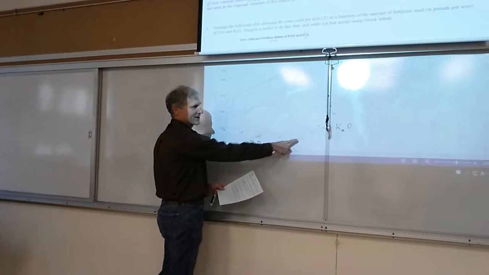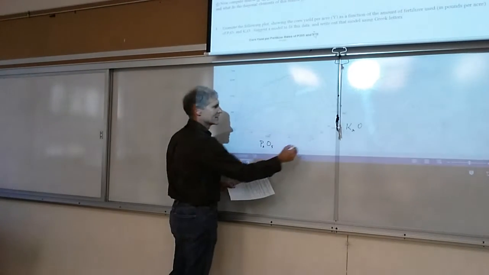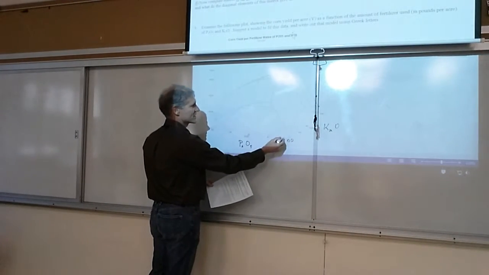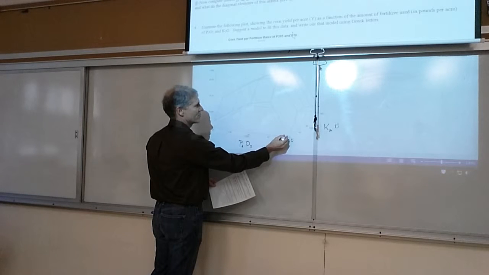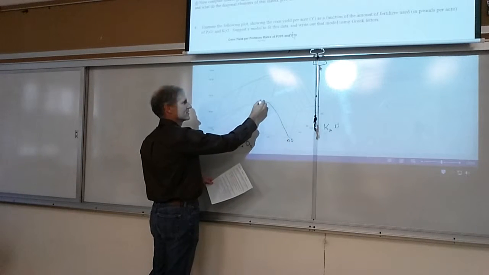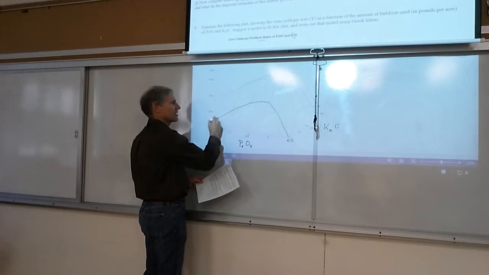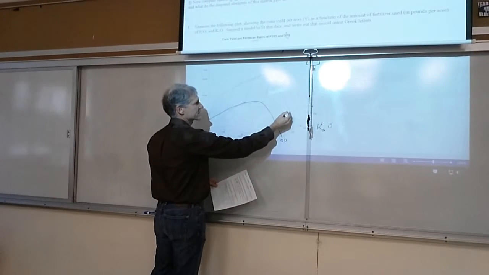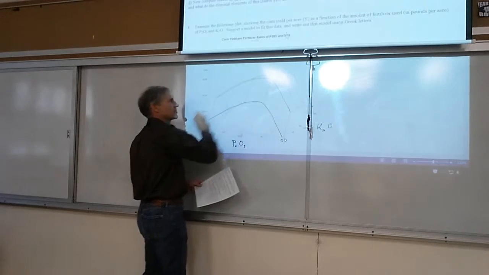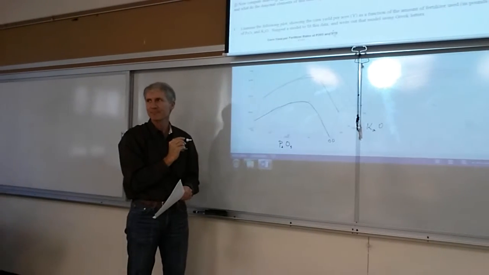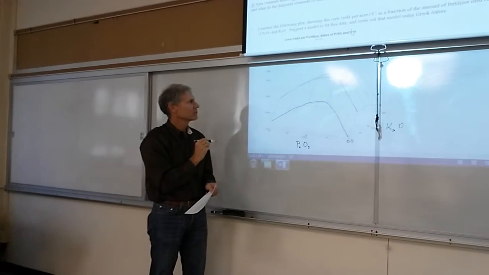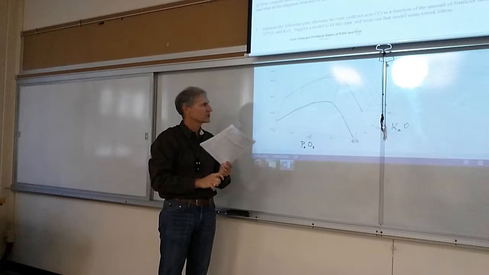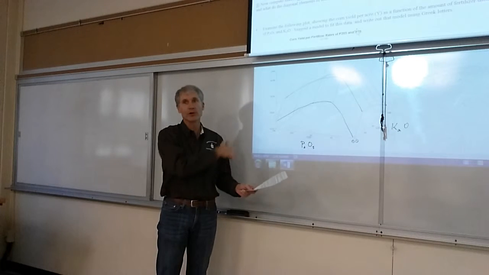This is the 0 down here. It's kind of backwards from what we're used to. So this is 0, 0. So as you increase phosphorus, you get a big increase in yield, and then it starts to tail off, right? Or if you go to one of the other levels of potassium, you get basically the same shape, right? So what kind of model would you suggest to fit that, ignoring the other variable?